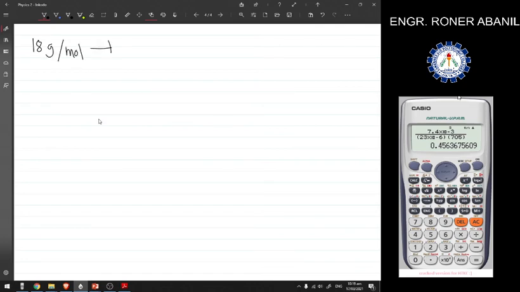If we convert this to kilogram, it becomes 18 times 10 raised to negative 3 kilogram per mole. So, 1 mole of water has a mass of 18 grams.